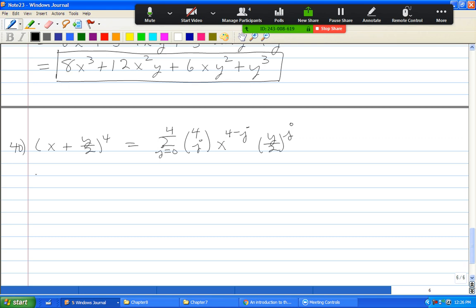So this is equal to 4c0 x to the 4 y halves to the 0 plus 4c1 x to the 4 minus 1 is 3, y halves to the first, plus 4c2 x to the 4 minus 2 is 2, y halves to the 2.